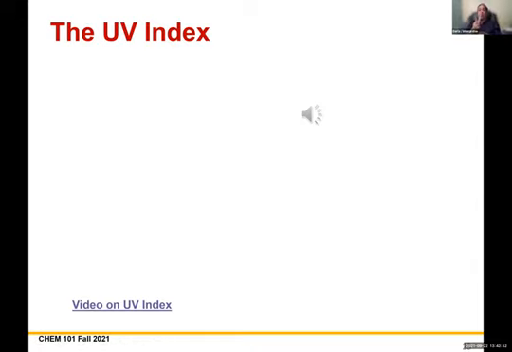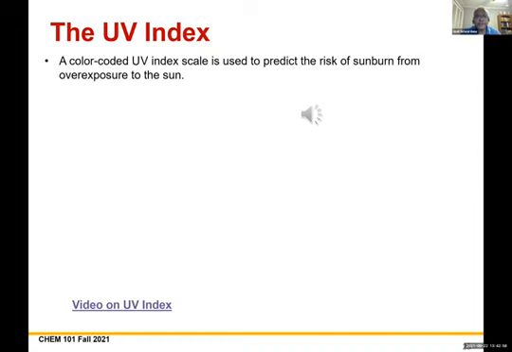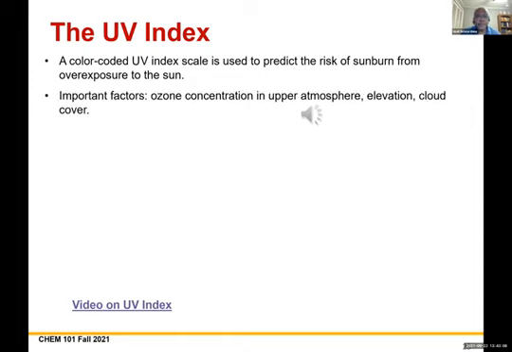That outlines the risk level of different UV exposure. It's a color-coded UV index that is used to predict risk of sunburn from overexposure.